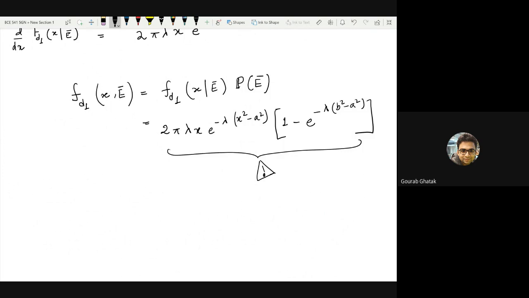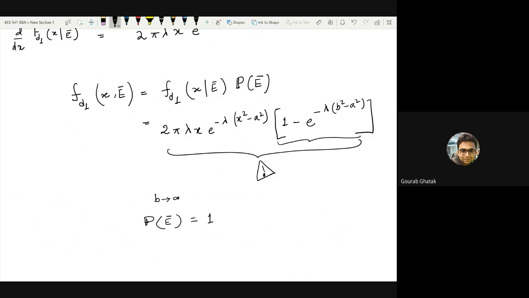Remember when we were discussing the nearest neighbor distribution, the distribution to the nearest point from the origin, considering all the R2 plane, we did not really bother about this term. Why? Because as b tends to infinity, the probability of the event e bar, and remember what is e bar, it is the event that there is at least one point inside the annulus, tends to 1.